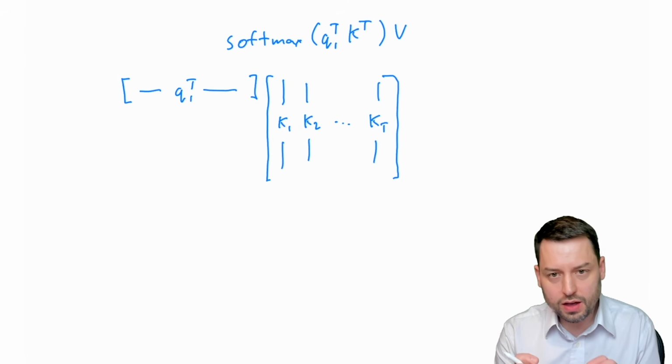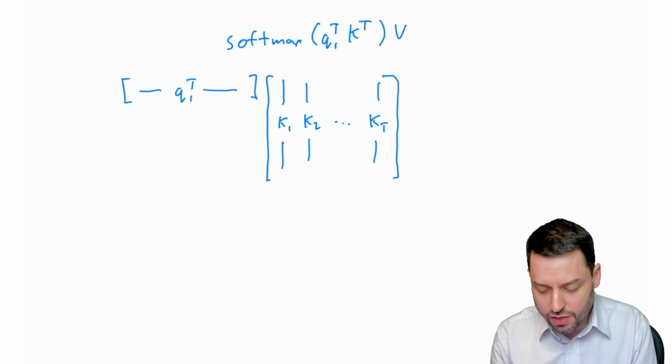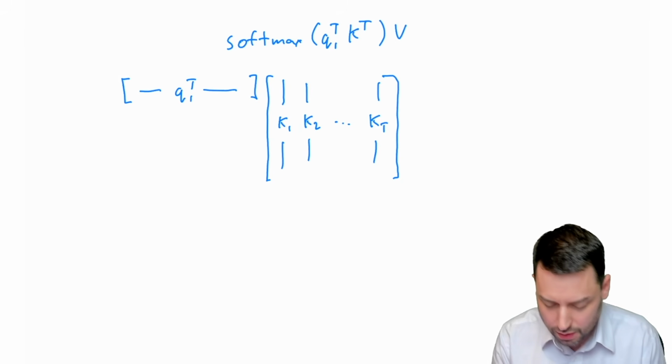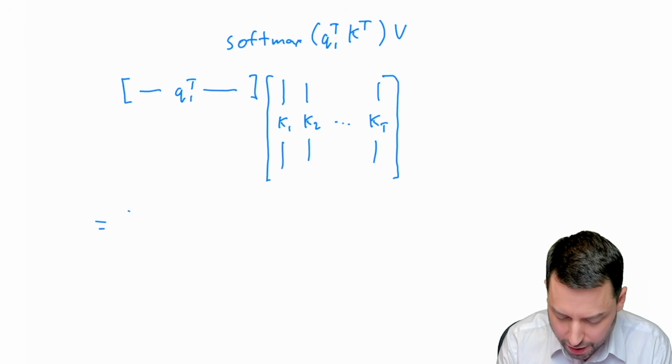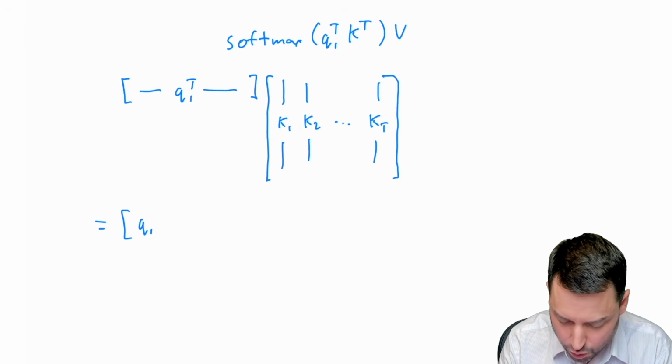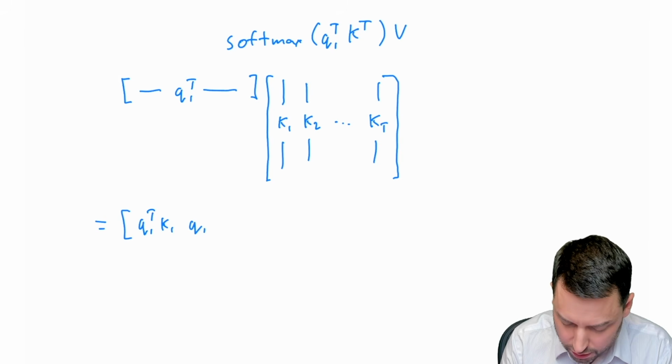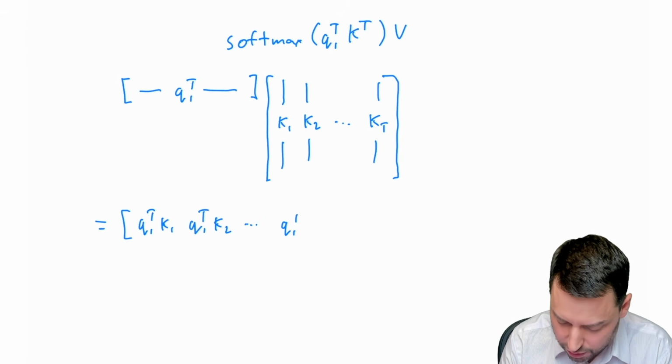So this inner product here would just be equal to every inner product: Q1 transpose times K1, Q1 transpose times K2, all the way to Q1 transpose times KT.